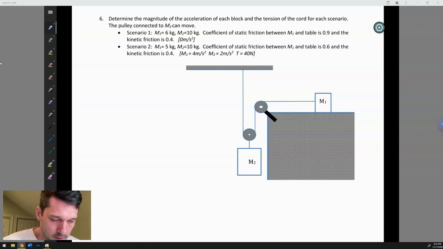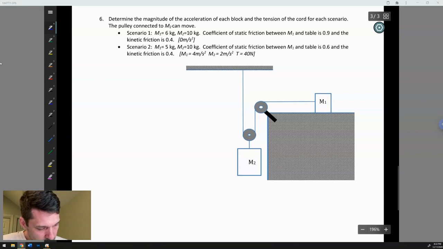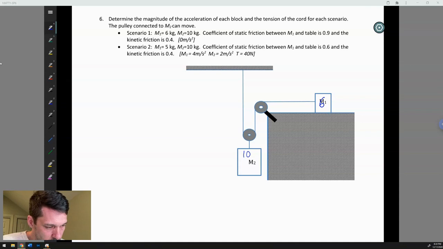Scenario 1: mass 1 is 6 kilograms and mass 2 is 10 kilograms. The coefficient of static friction between M1 and the table is 0.9 and the kinetic friction is 0.4. The first question I have going into this is, is this even going to move at all? Since I'm given the coefficient of static friction, that implies that maybe it doesn't move.